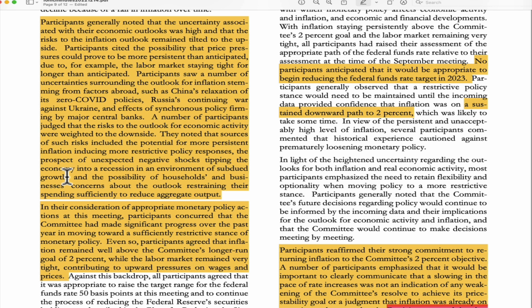And all it takes is a negative shock to push it into negative growth territory, but a high growth economy would be able to absorb that shock. So they are saying that very same thing here. And when we talked about what the inverted yield curve does to change behavior, how it changed the behavior of consumers and businesses, it's the change in behavior that causes the recession, not the inversion of the curve itself. It says the possibility of households and businesses' concerns about the outlook restraining their spending.